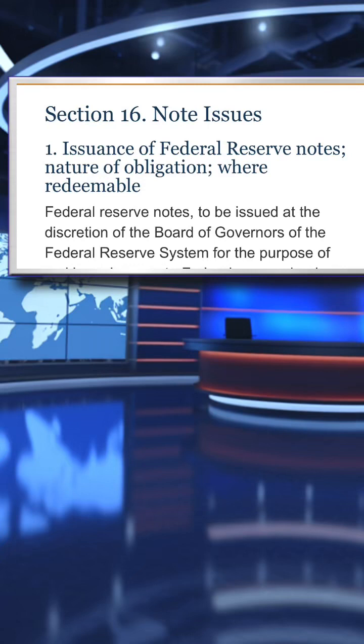So this is, again, for those of you joining, Section 16 of the Federal Reserve Act, and now we're at number 7. Custody of reserve notes, gold certificates, and lawful money.